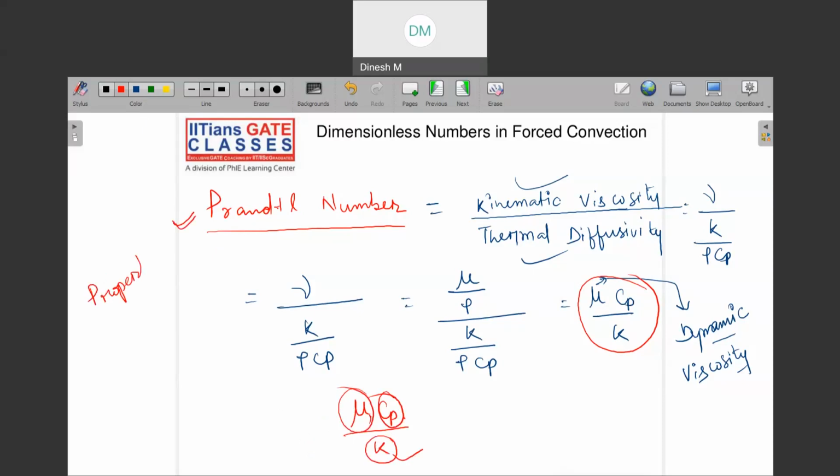Other dimensionless numbers change with the flow, but the Prandtl number, the ratio mu Cp upon K, is not going to change. If I neglect the effects, like mu, Cp and K can change with the flow, then I can say that yes, this is the ratio of properties only. Then Prandtl number itself becomes a property. Got the idea?